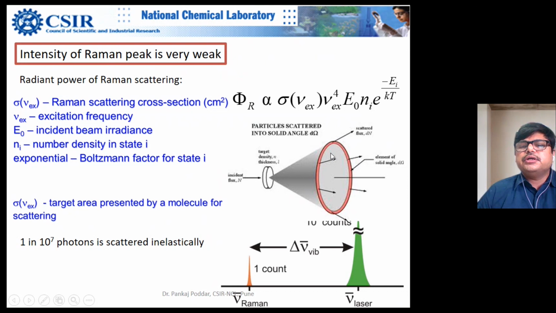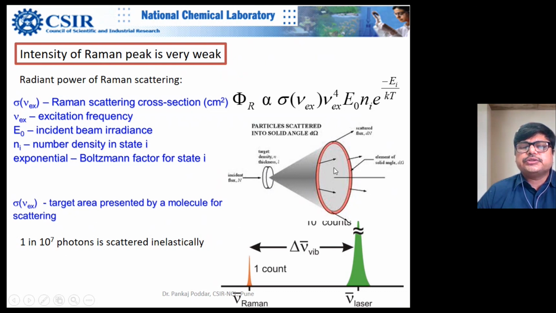If you look at a typical solid cone, suppose your detector is placed here, and this is your sample, and here you have the incident flux. Towards your detector, suppose this is the aperture of your detector. If you draw a solid cone around the aperture, depending upon the aperture, you will be able to capture only a few photons out of that. Please note that.